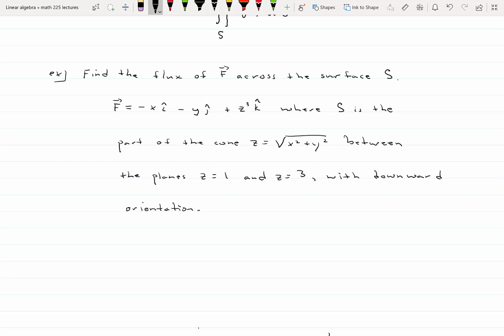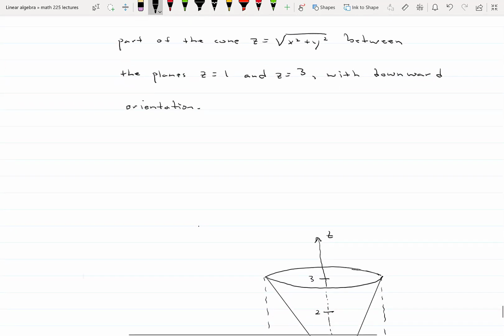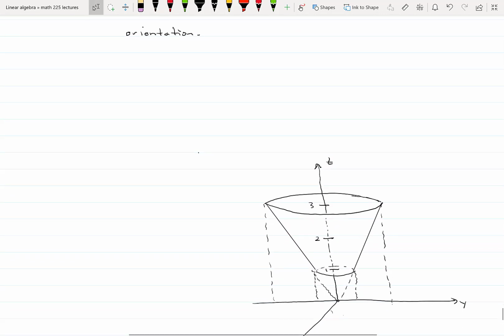So find the flux of the field F across the surface S, where the formula for F is negative xi minus yj plus z cubed k, where S is a part of the cone z equals the square root of x squared plus y squared between two planes z equals 1 and z equals 3. And the orientation is downward. So I've drawn a picture of the cone, the portion of the cone between z equals 1 and z equals 3. And we have a downward orientation.